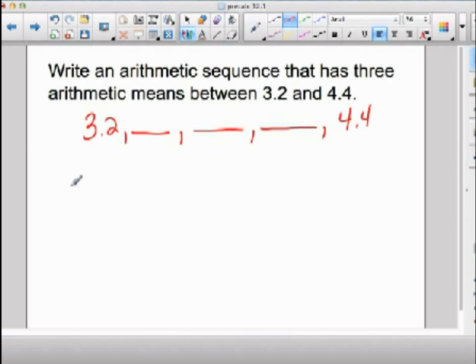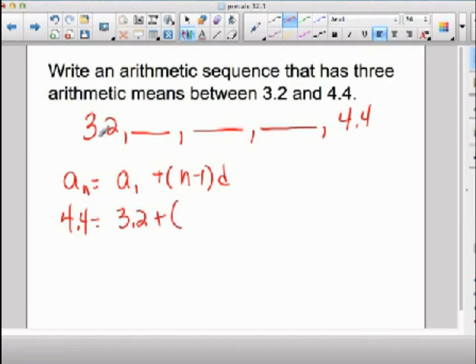So what I need to do, I've got this a sub n is equal to a sub 1 plus n minus 1 times d. I've got everything except for the d, see? So my last term is equal to my first term plus I've got 1, 2, 3, 4, 5 minus 1 times d, and I'll just find what my d is.